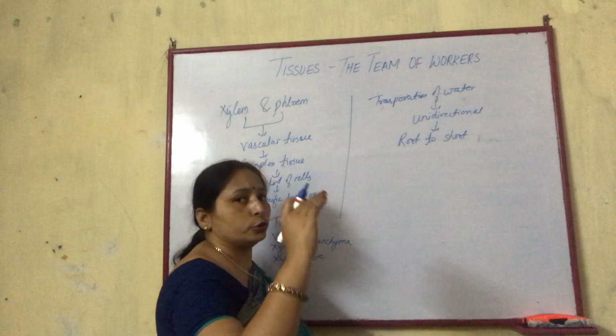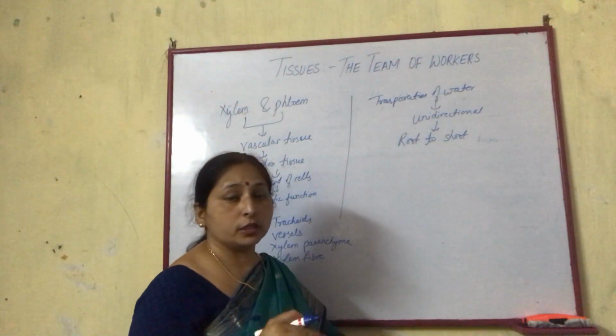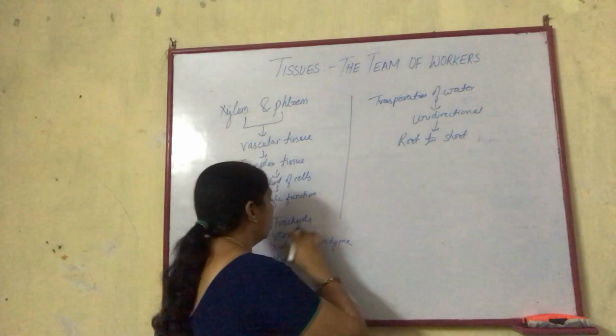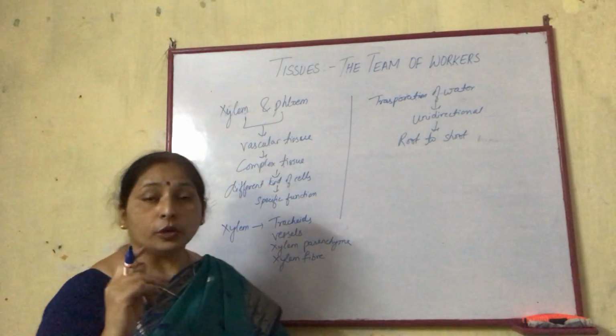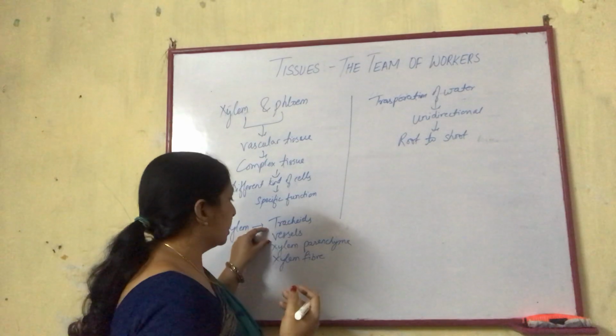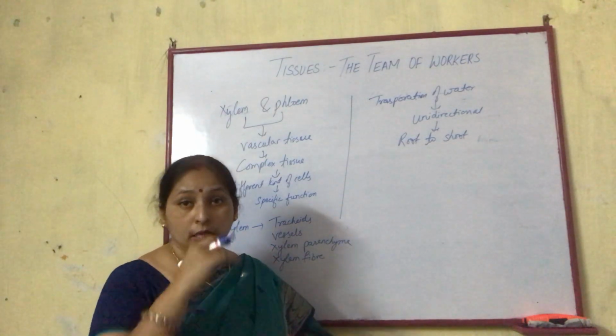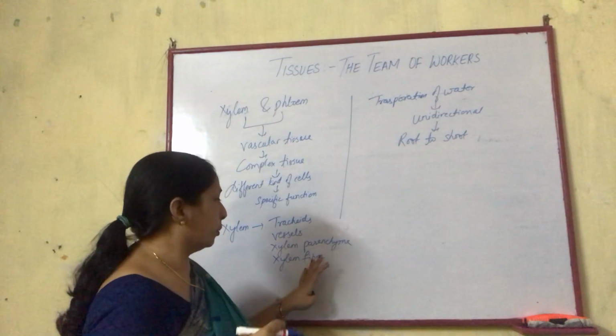Only the tracheids and vessels are involved in transportation, while the other two are supportive.